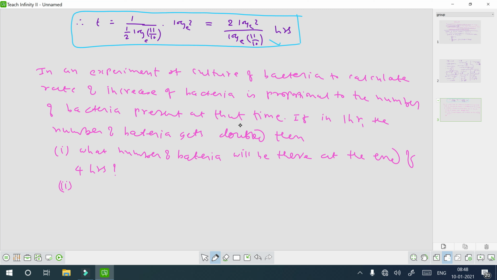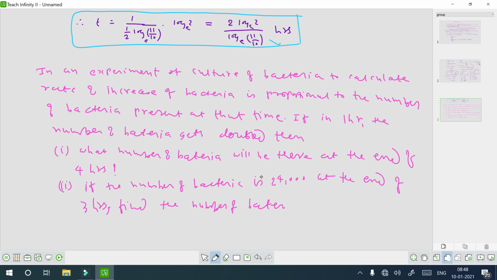Second question we want to answer, if the number of bacteria is 24,000 at the end of 3 hours, find the number of bacteria in the beginning or initially. Clear? This is the question.